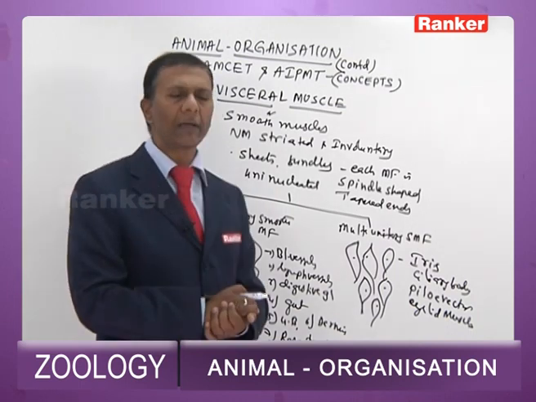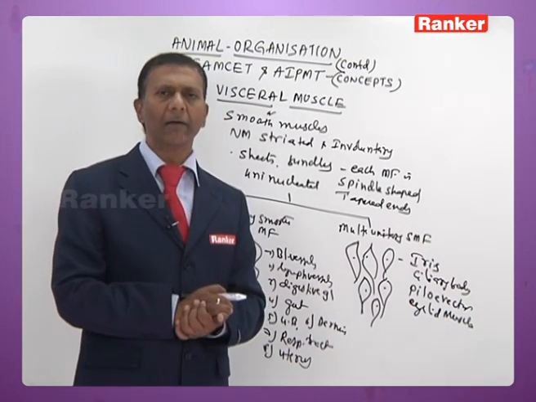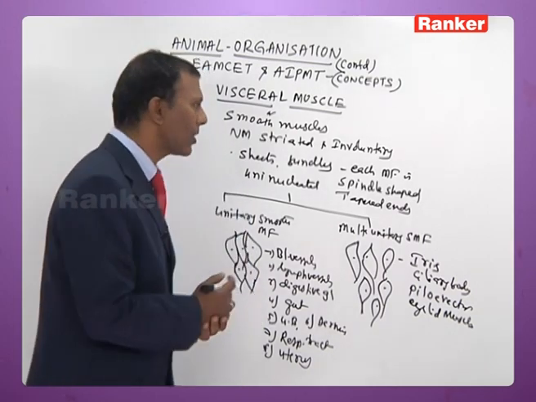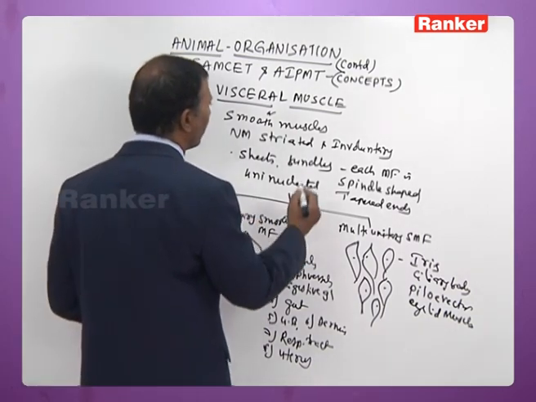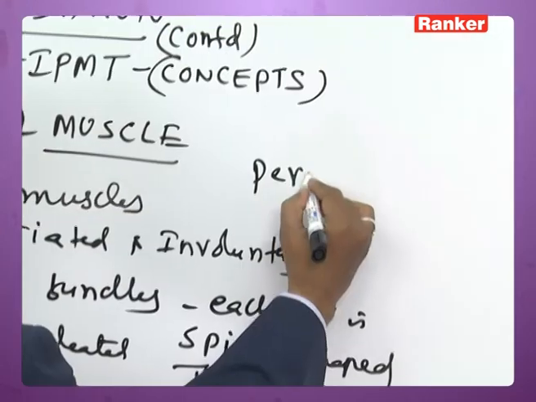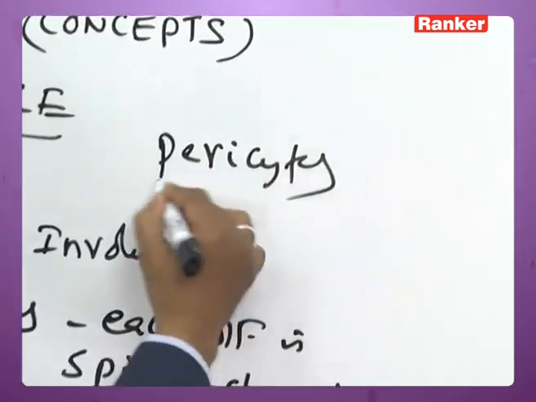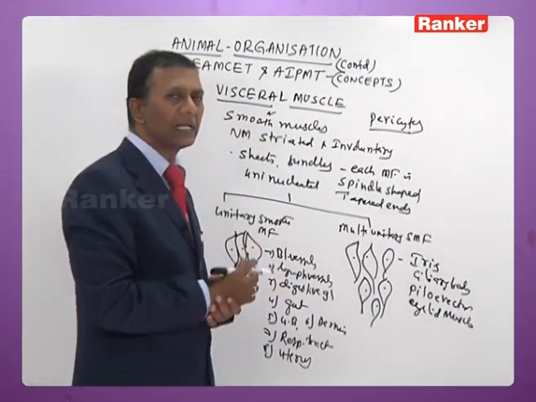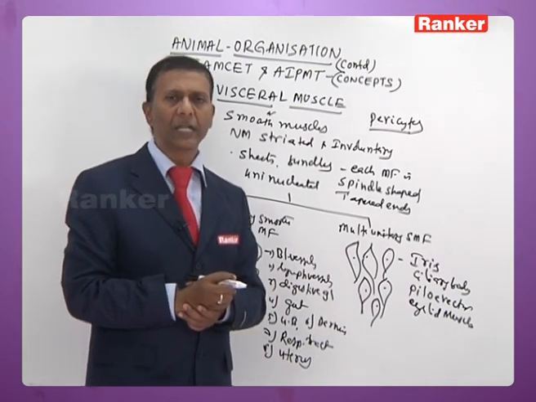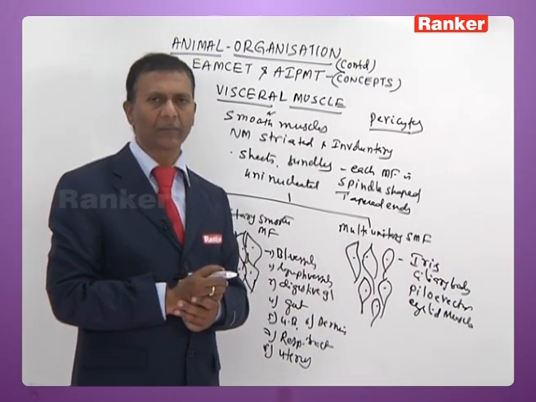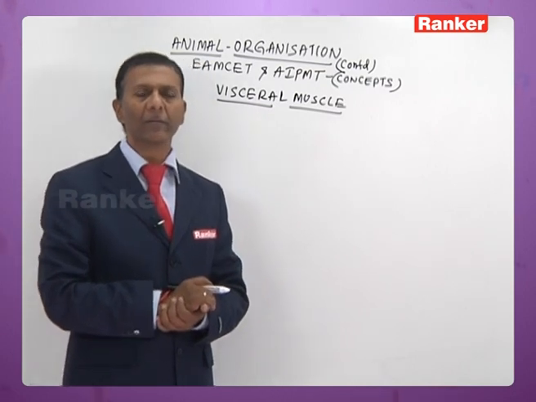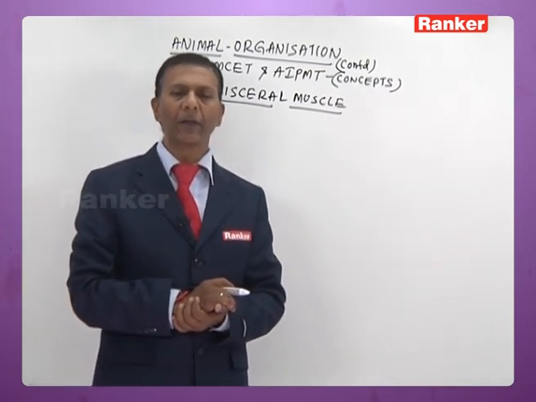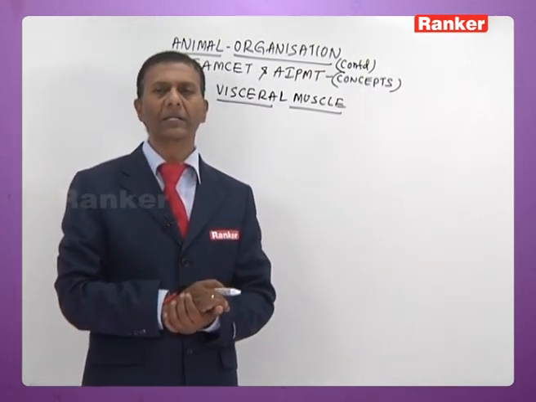The smooth muscle fibers have certain undifferentiated cells called pericytes, and these pericytes are responsible for regeneration of smooth muscle fibers. Even in smooth muscle fibers, thick and thin filaments are present, that is actin filaments and myosin filaments.